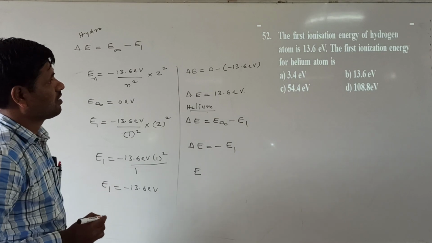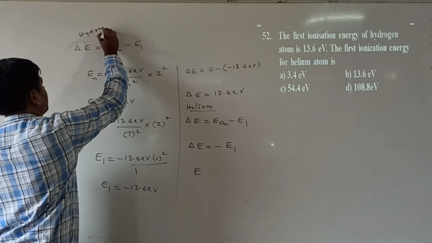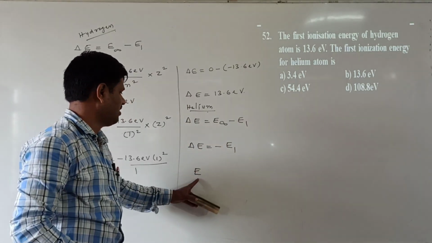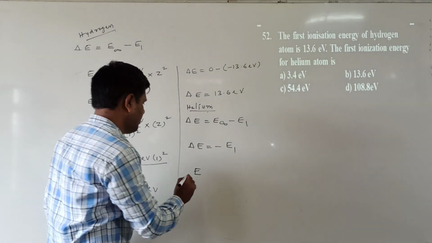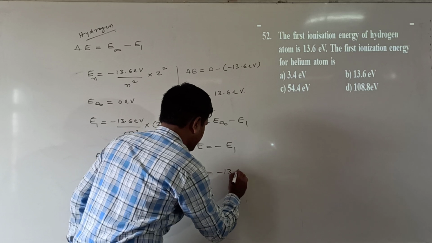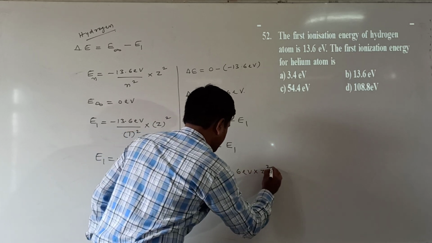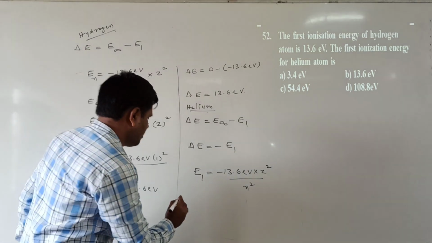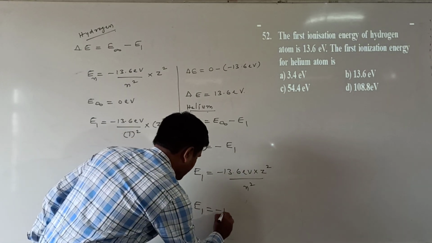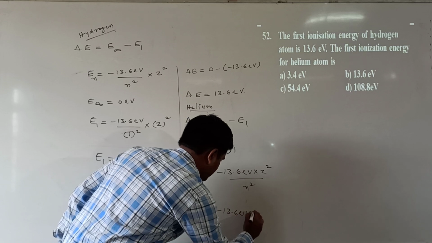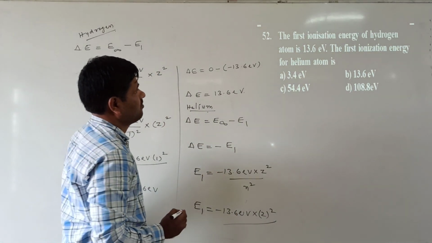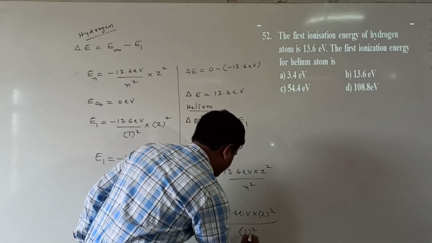Hydrogen is already given as 13.6. For helium, how to find it? Delta E is equal to minus E1. E1 is equal to, we know the formula, minus 13.6 into Z square by n square. For helium, the Z value is equal to 2. So E1 is equal to minus 13.6 electron volts into 2 square by 1 square, because first ionization energy means n equals 1.